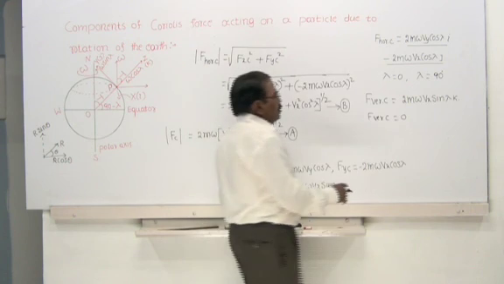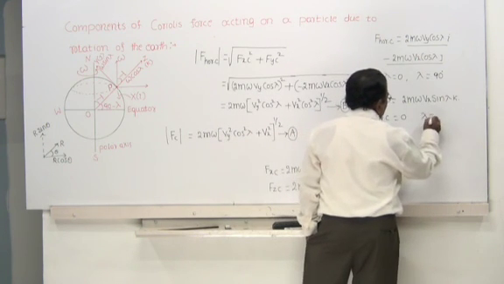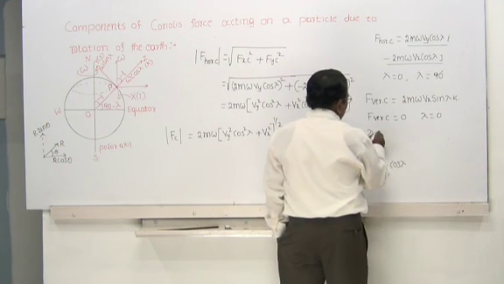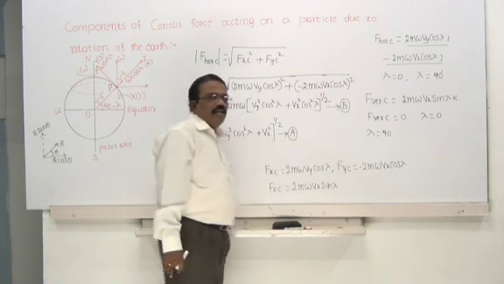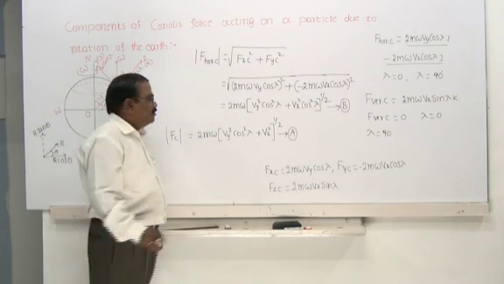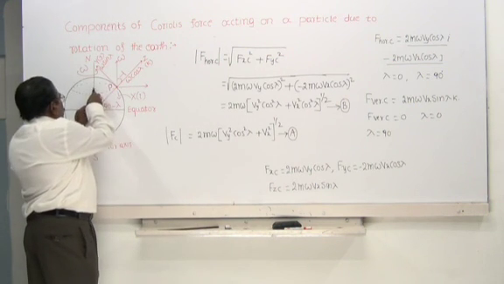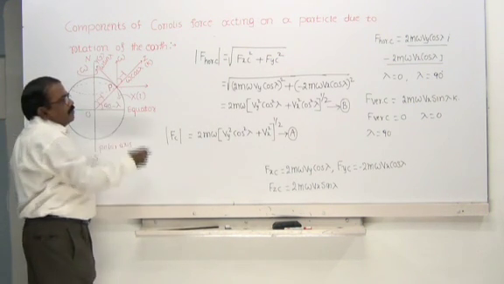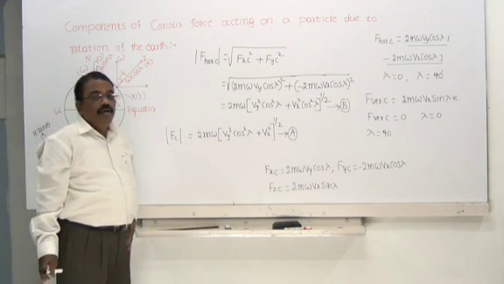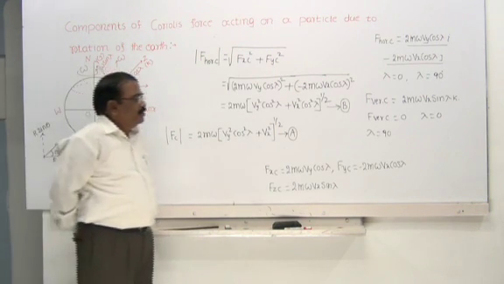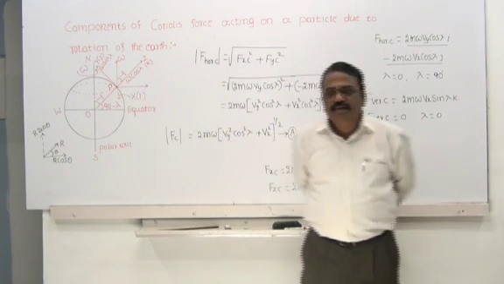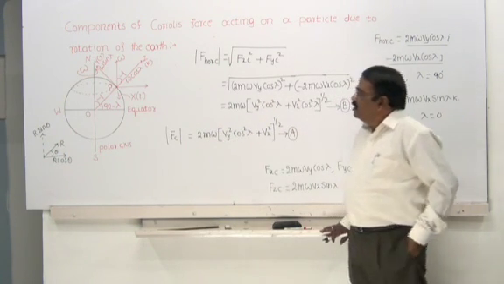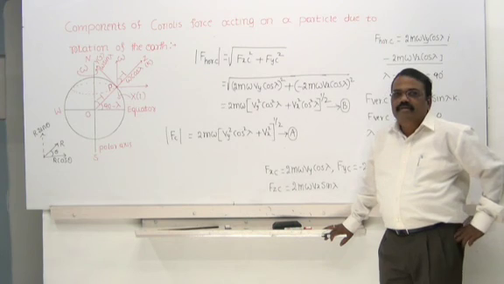And lambda is equal to 90, what happens here? What is sin 90? Sin 90 is 1. That has got a maximum value. Vertical component is maximum at the equator, minimum at the poles.